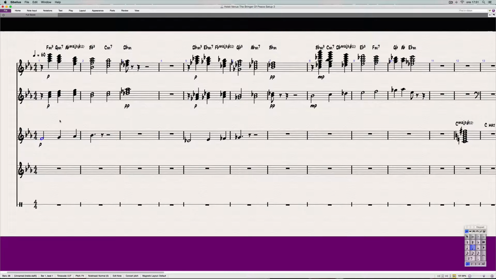Let's just listen to the piano version once as well. Okay, so it's obviously easier to see the harmony here when you don't have to look at all the different staves in the full score.